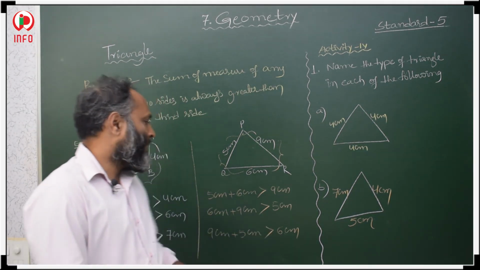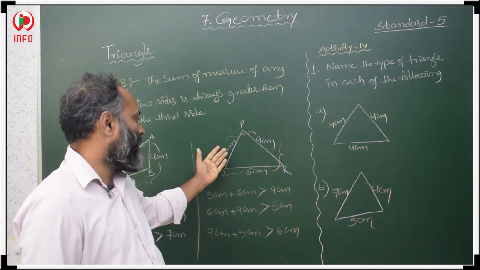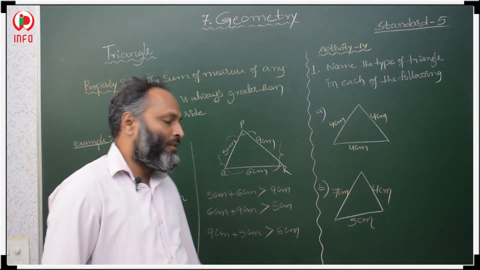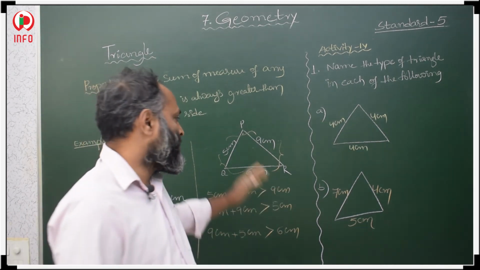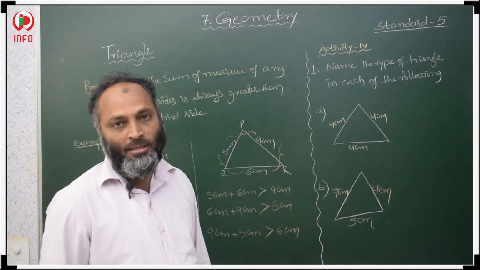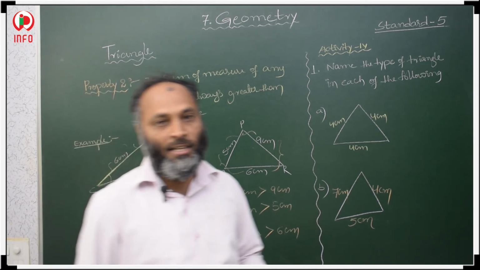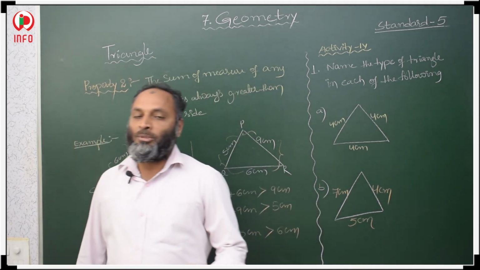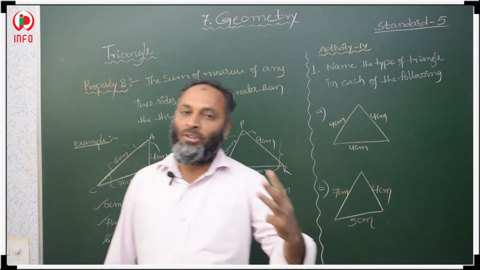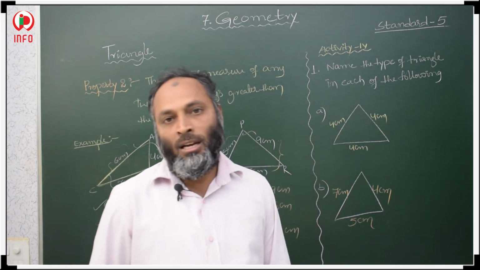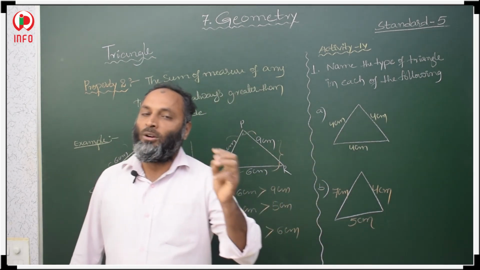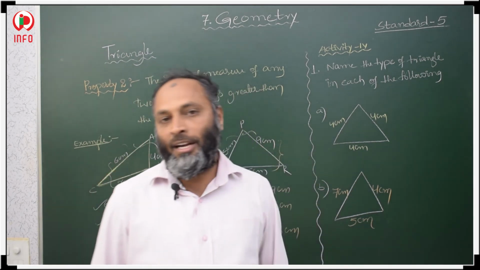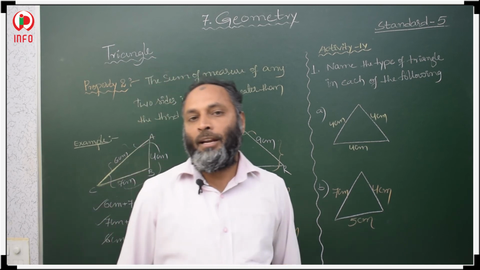Here, if we add any two sides, the sum is always greater than the third one, so these are the measurements of a triangle. This is the second property. In the first property, the sum of three angles in a triangle is always equal to 180 degrees.